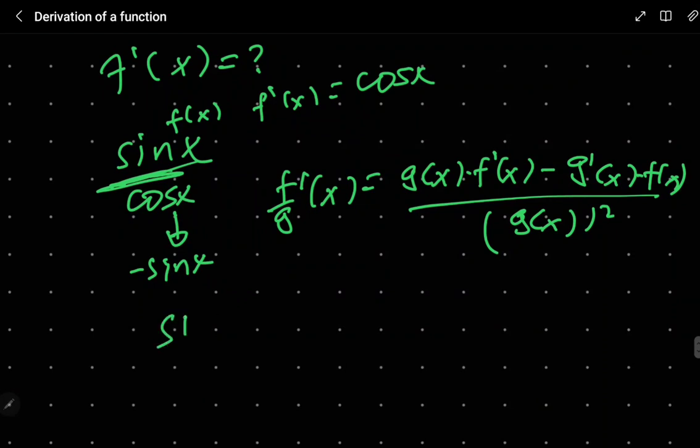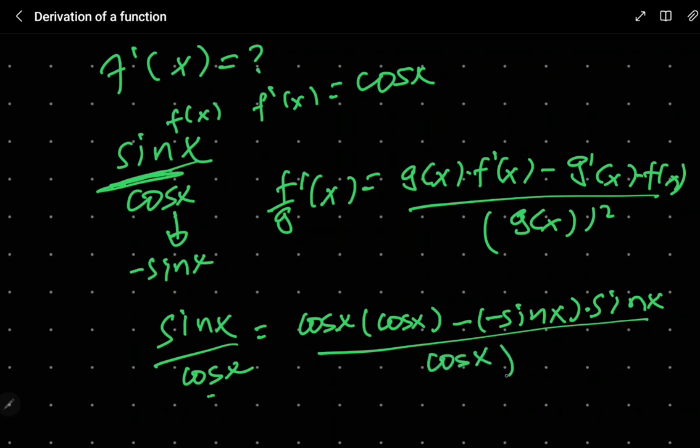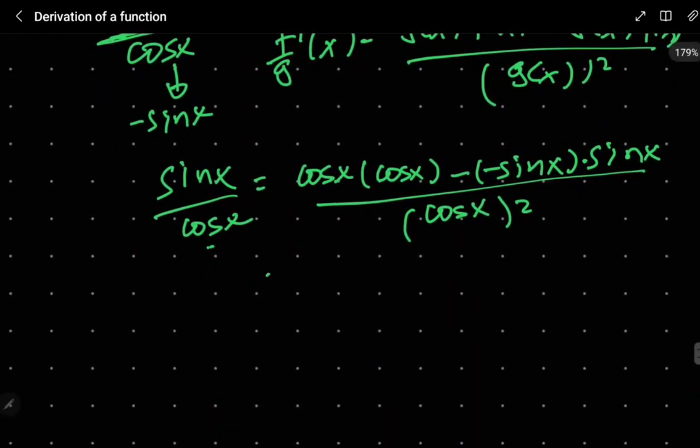So for sin x over cos x, we have cos x, the downward one, times the derivative of sin x, which is again cos x, then minus the derivative of cos x, which is minus sin x, times sin x again, over cos x the whole square, cos squared x. So this is equal to how much?